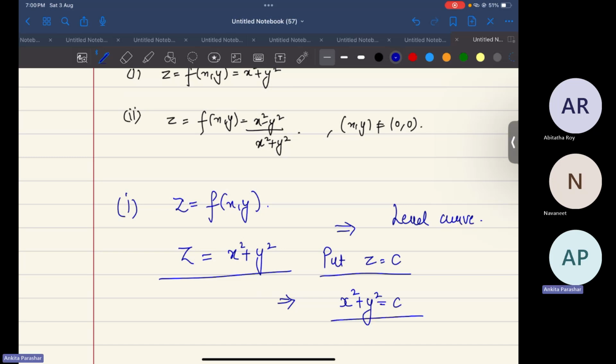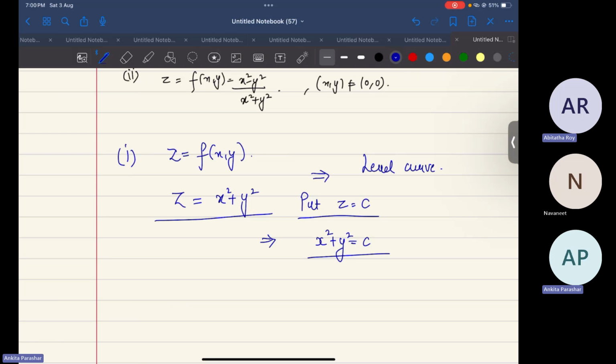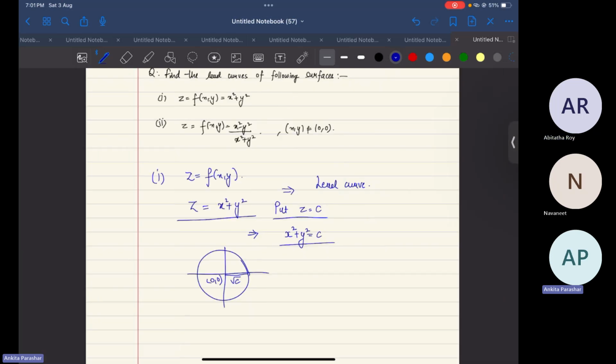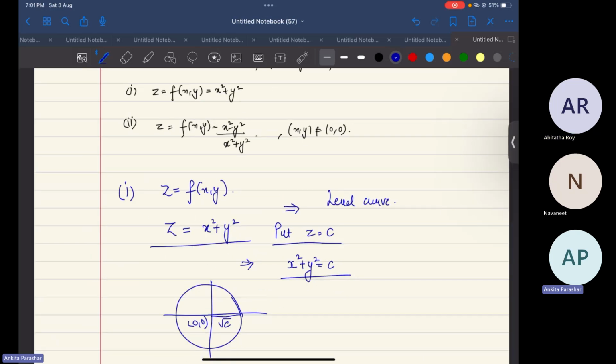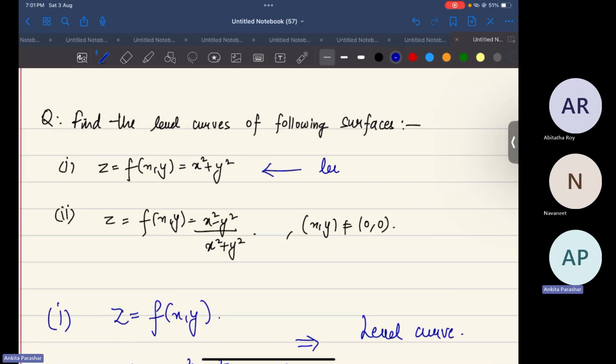If you trace it, we will get a circle with center at 0, 0 and radius root c. So clearly the level curves are circles.